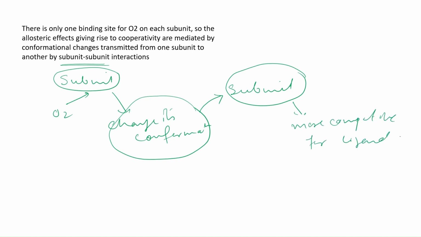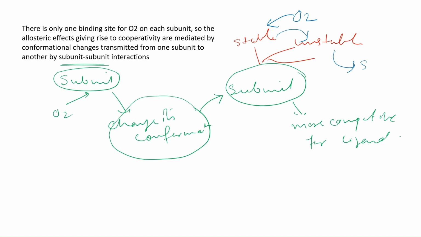Now for this, each subunit can have multiple segments. Some segments can be stable, some segments will be unstable. So in each subunit, there will be stable segments also, and there will be unstable segments also. Now, when the ligand comes and binds to the stable segment, what will happen? This message will transfer to the unstable segment, making this unstable segment stable.